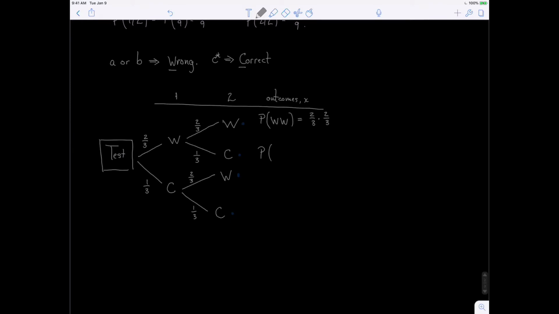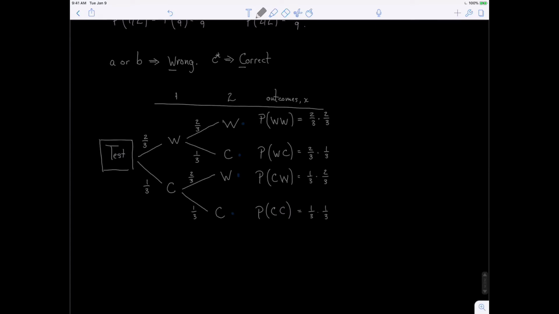The probability of getting the first one wrong, the second one correct, well, that is 2/3 times 1/3. The probability of the next outcome is correct and then a wrong. Well, that's 1/3 times 2/3. And our final branch of our tree is the probability of being correct on both questions. Well, that's 1/3 times 1/3.